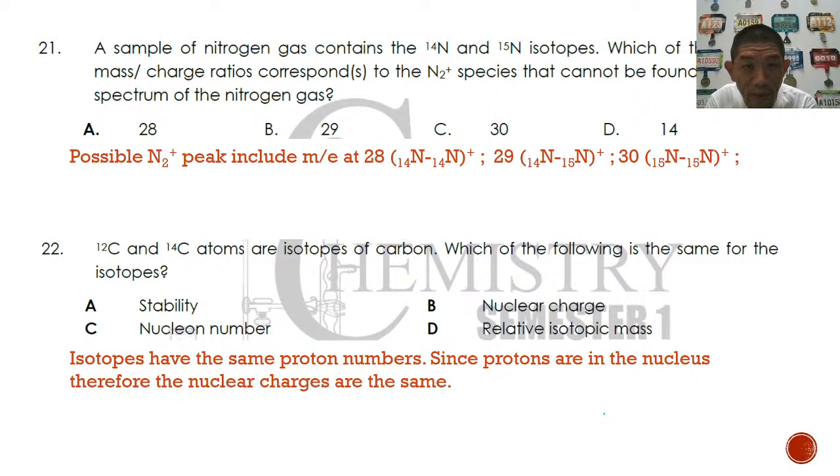A sample of nitrogen gas contains nitrogen-14 and nitrogen-15 isotopes. Which of the following mass to charge ratios corresponds to the N2+ species that cannot be found from the mass spectrum? Now, if you have a mass spectrum in here, what is the possible m/e? So this is the mass spectrum diagram.